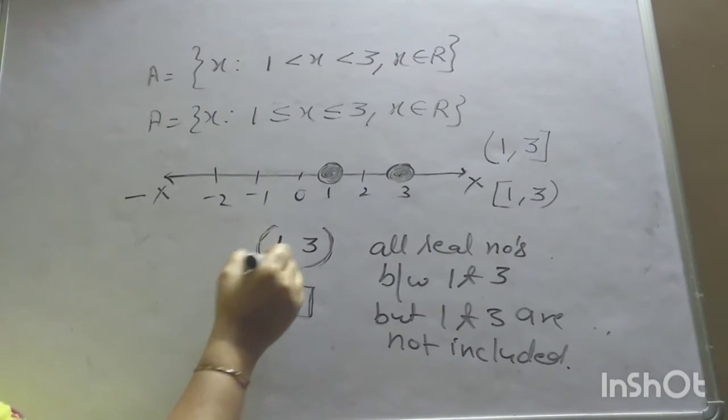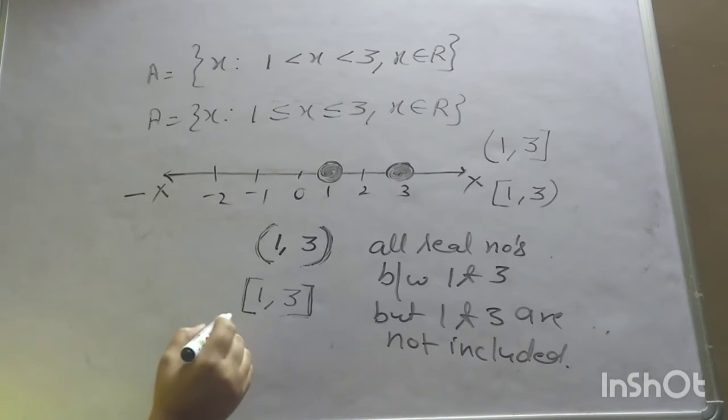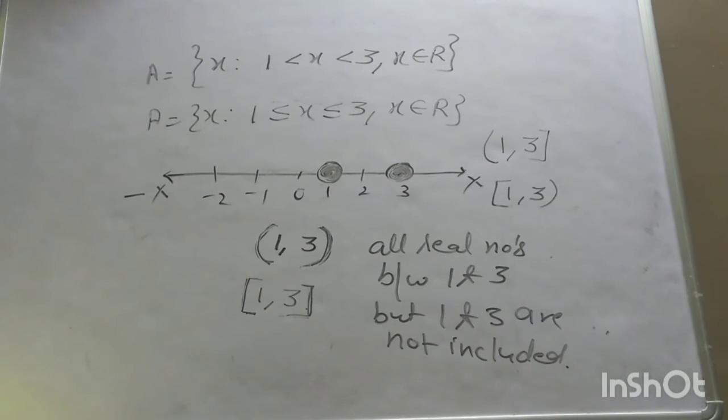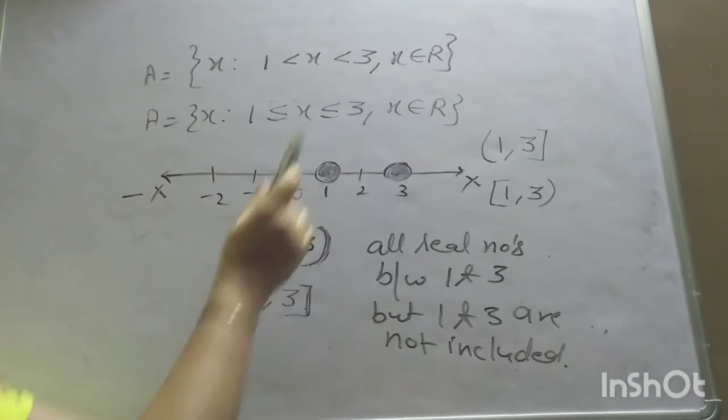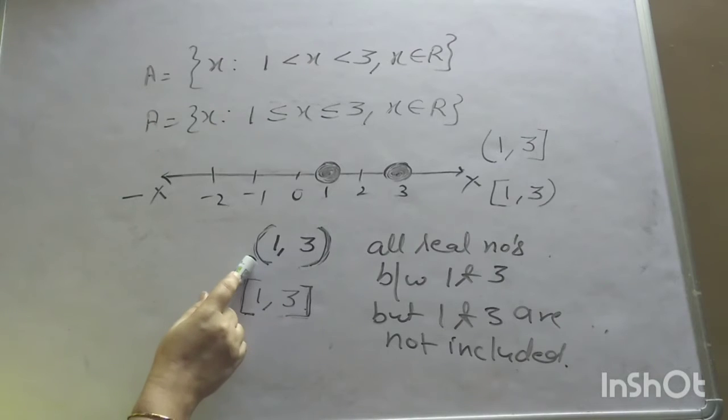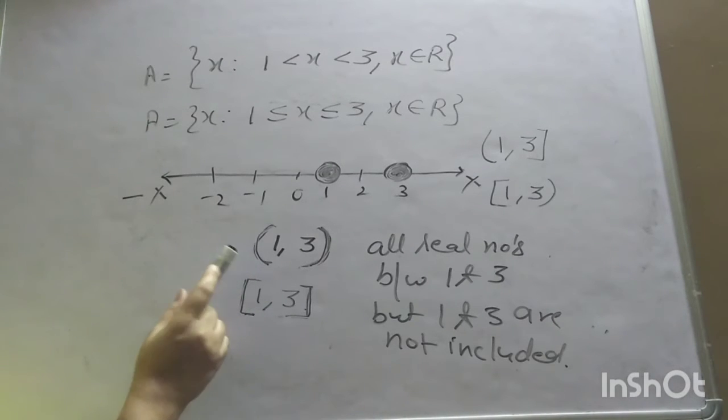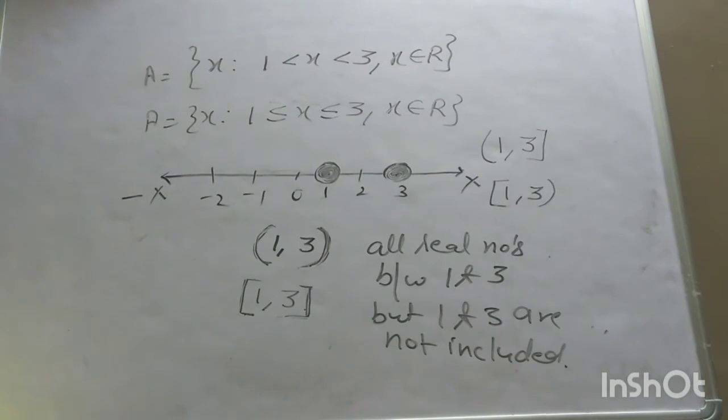So this bracket means open interval, this bracket means closed interval. So in this way, we can represent any set of real numbers in closed interval and in open interval.